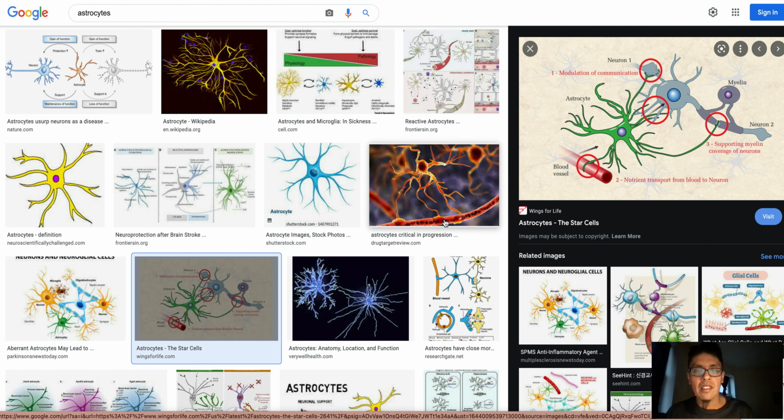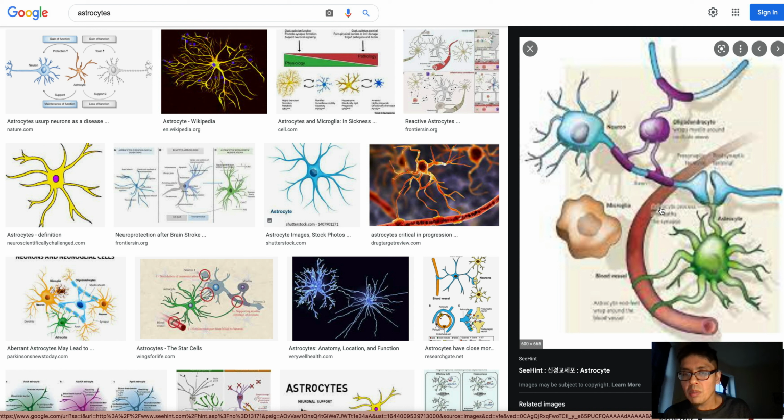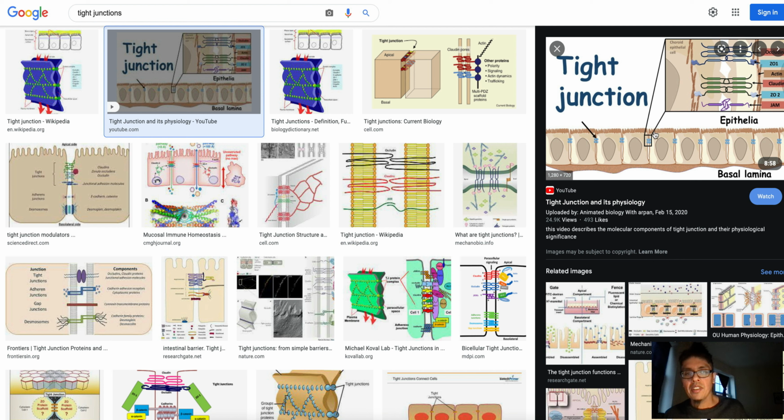At one point people didn't think astrocytes did anything but support the structure of your brain, but astrocytes are important for nutrient exchange, and that's why these branching elements of the astrocytes, these dendritic elements or foot processes as they're called, connect to your blood vessels through the blood-brain barrier, right? So what happens is these astrocytes, the foot processes on the astrocytes, tell the blood-brain barrier to create more tight junctions when the permeability of the BBB is to be decreased.